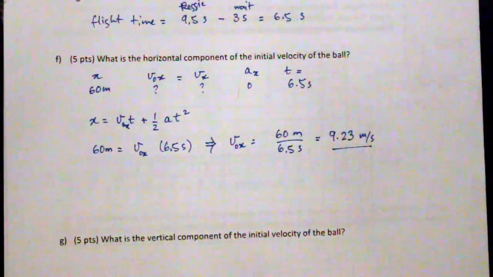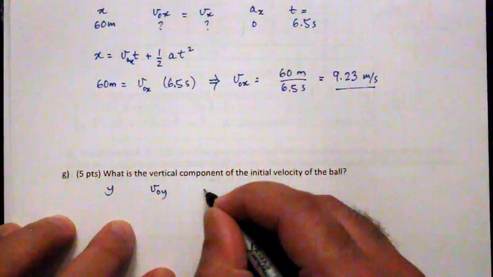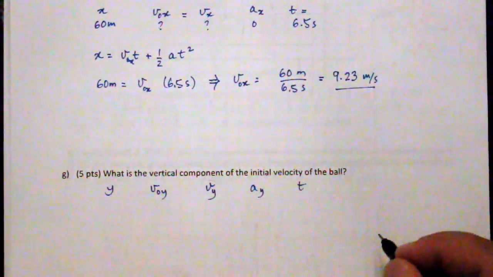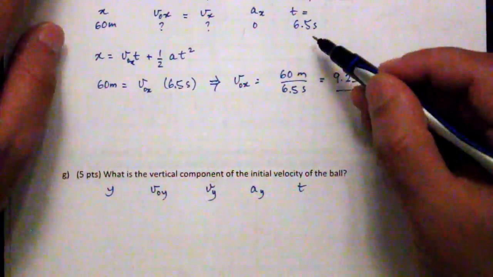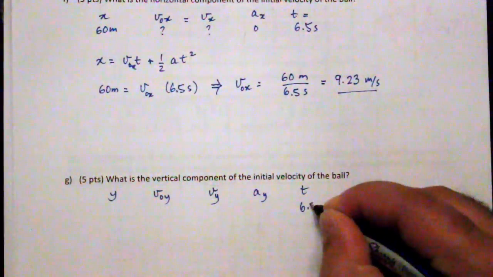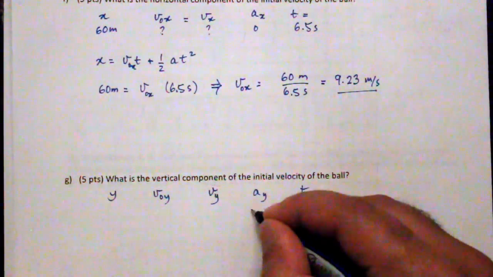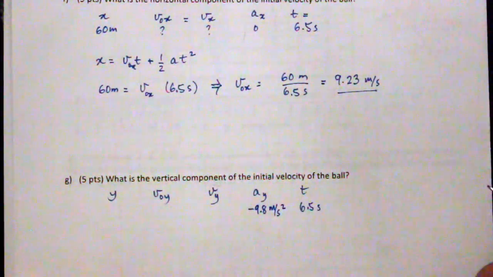What is the vertical component? Then we got to separate the variables. We write the y variables. The only thing that's common between the x and the y is the time. So it's the same time of flight of the ball, 6.5 seconds. Ay I know is gravity.